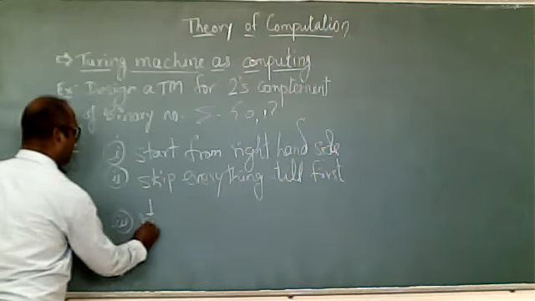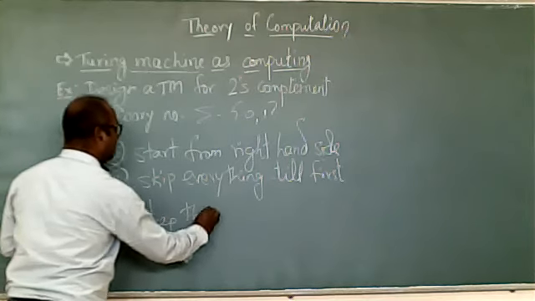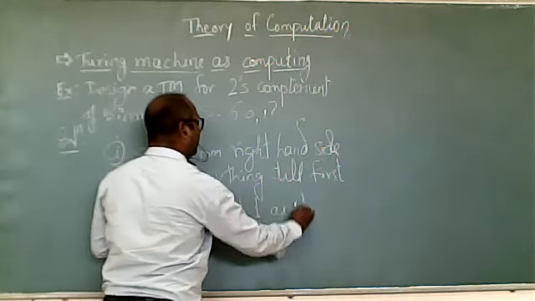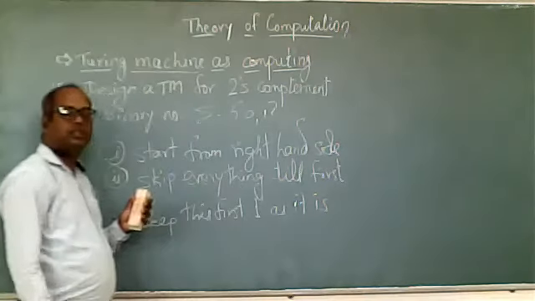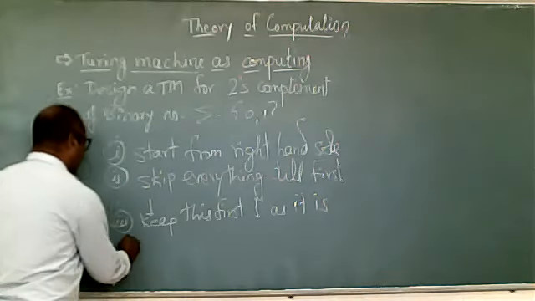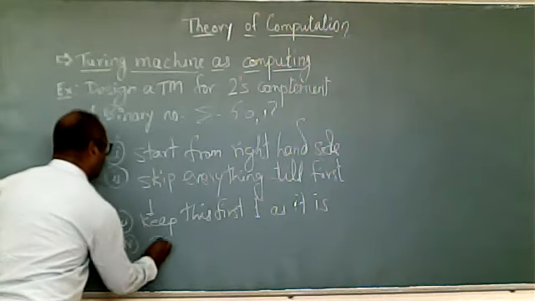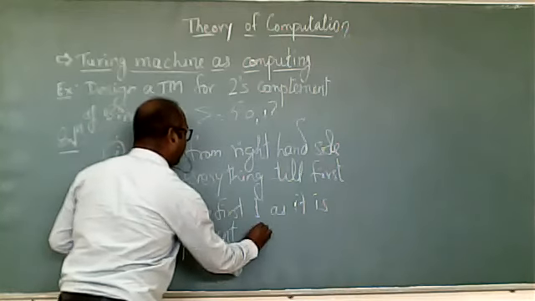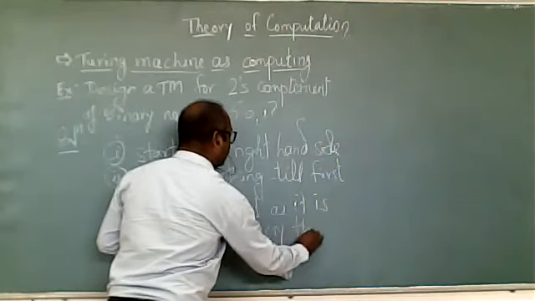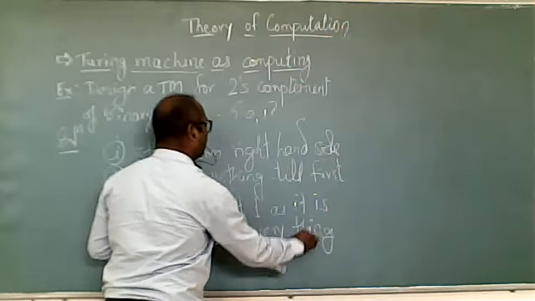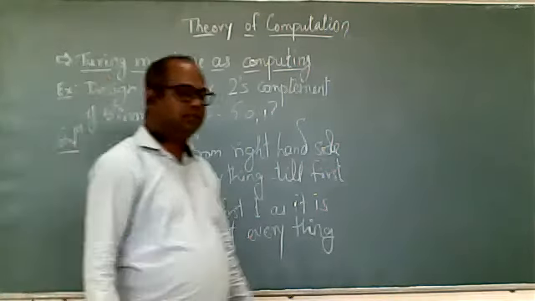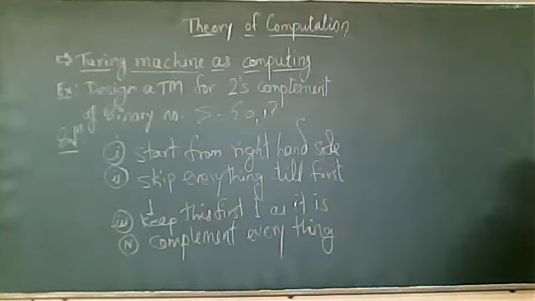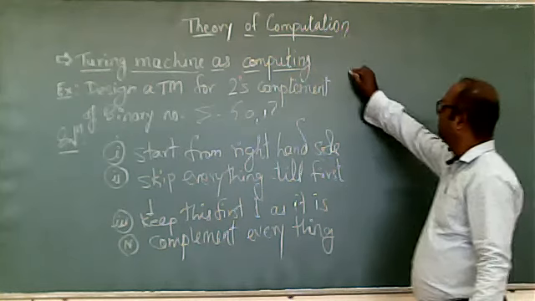Third step is keep this first one as it is. And the fourth, last step is complement everything. So these are the 4 steps which we have to perform to calculate the two's complement.